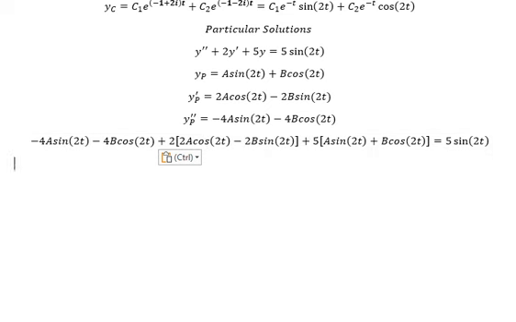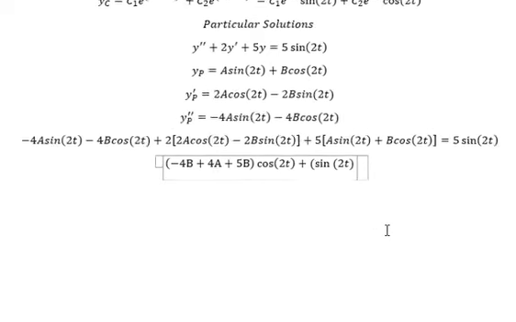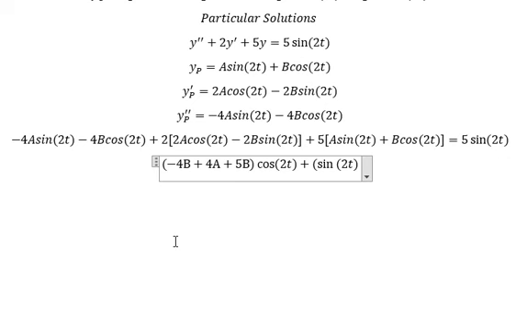About cosine 2t, we have negative 4b, and we have 2 and 2a, we have 4a, and 5b. The next one is about sine 2t. So we have negative 4a.